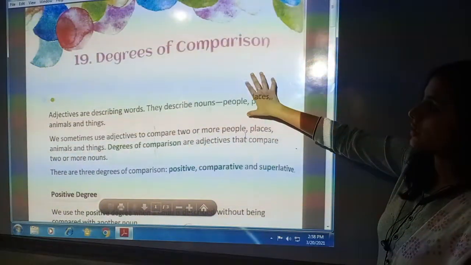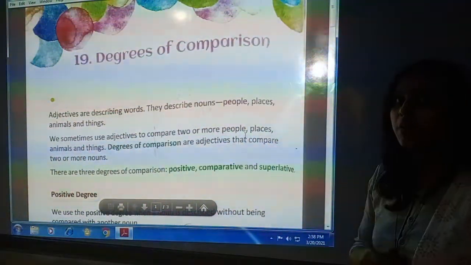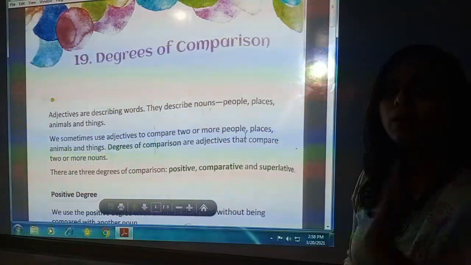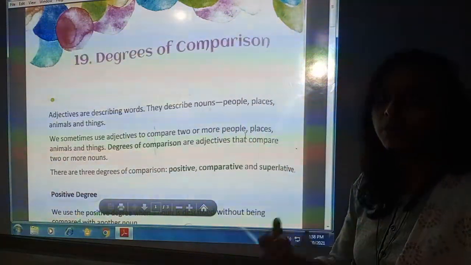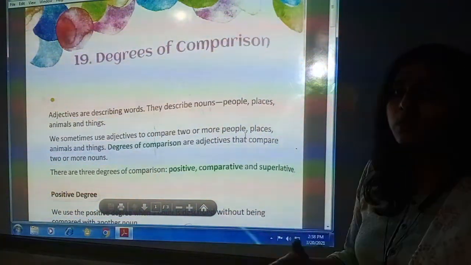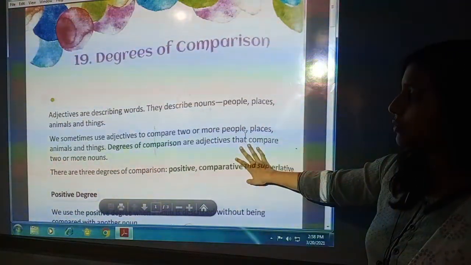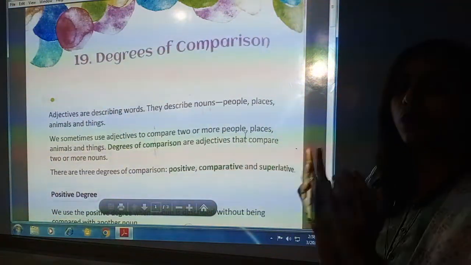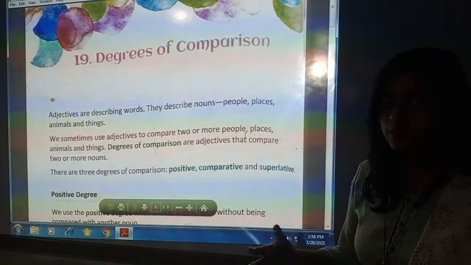First thing, what is degrees of comparison? Adjectives are describing words of noun. The adjectives describe nouns such as people, places, animals, things. We sometimes use adjectives to compare 2 or more people, places, things, animals.